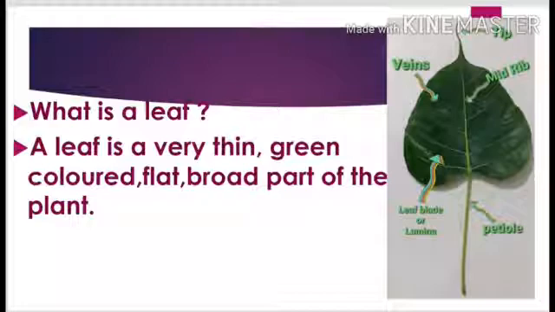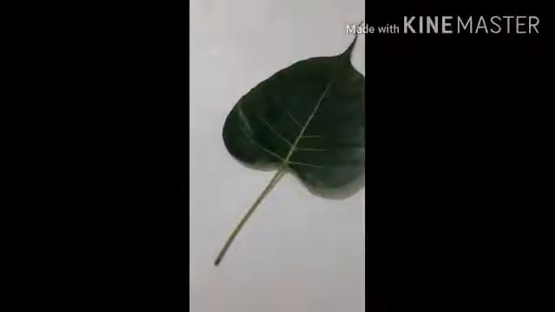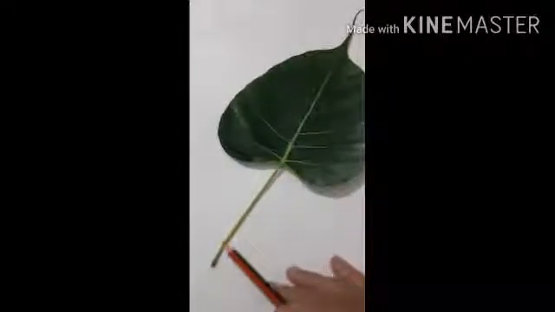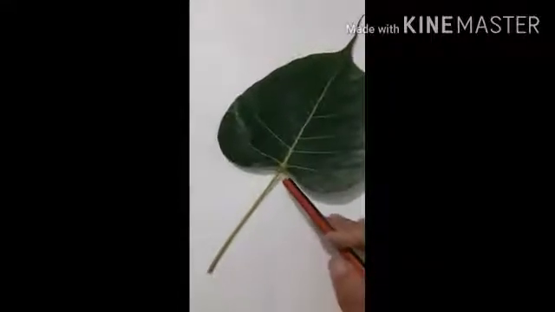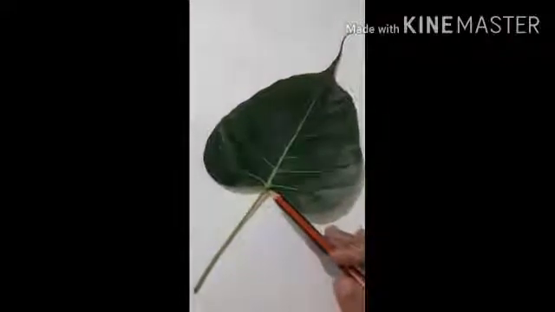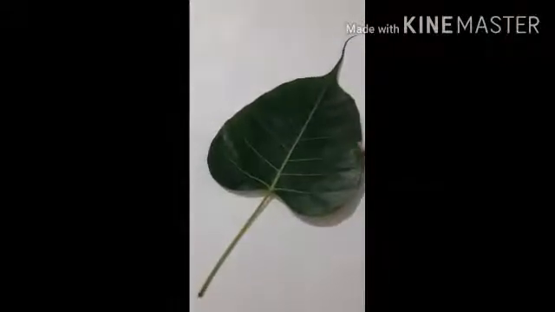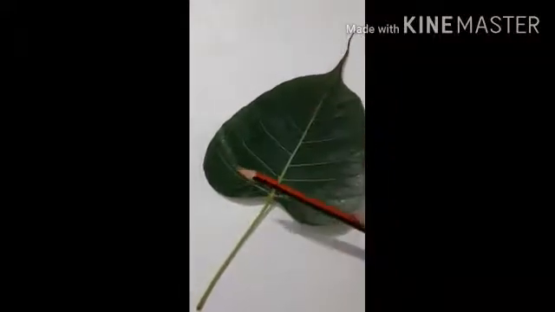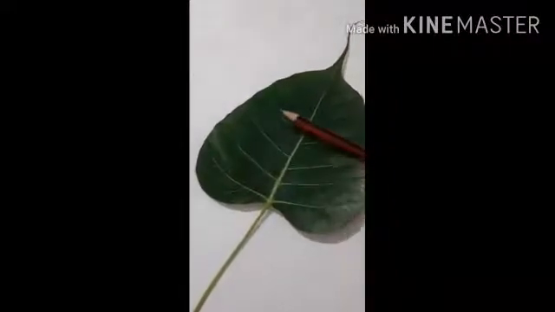Now again, I want to explain with the help of a live video. This part, the short structure by which a leaf attaches to the stem, is known as the petiole. And this whole green part is known as the leaf blade or lamina.